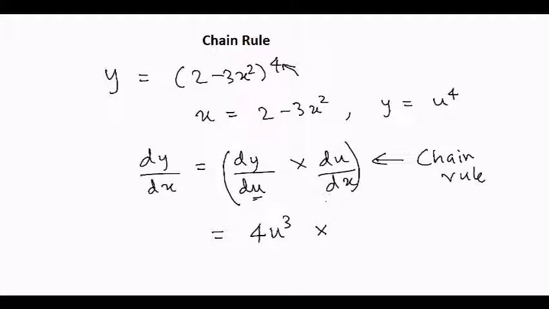And next, now you're differentiating u, which is u is equal to 2 minus 3x squared, with respect to x, du/dx. So let me just write out one extra term to avoid confusion.